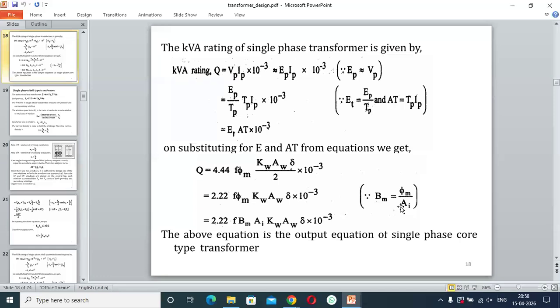To convert this into kVA, we need to divide it by 1000, and that is going to become 10 power minus 3. So the kVA rating is going to become EPIP multiplied by 10 power minus 3, and it will be equivalent to VPIP multiplied with 10 power minus 3.